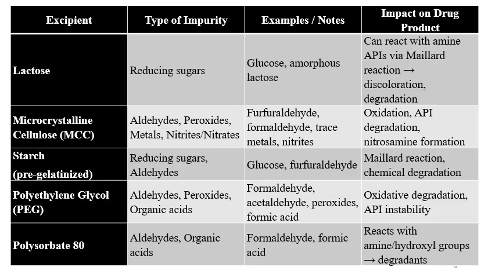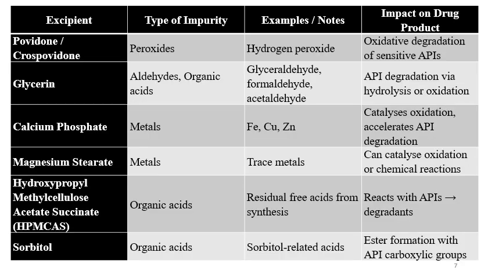It contains aldehydes, organic acids, formaldehyde, formic acid, which react with amine and hydroxyl groups and lead to degradation. Copovidone and crospovidone contain peroxides, hydrogen peroxide, causing oxidative degradation of sensitive APIs. Glycerin: aldehydes, organic acids, glyceraldehyde, acetaldehyde; API degradation by hydrolysis or oxidation.